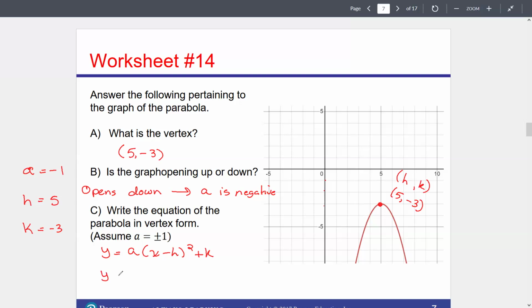So in this case, we're going to have y equals -1 times (x minus 5) squared minus 3. I'm going to write that in function notation, so it should actually be negative (x minus 5) squared minus 3.